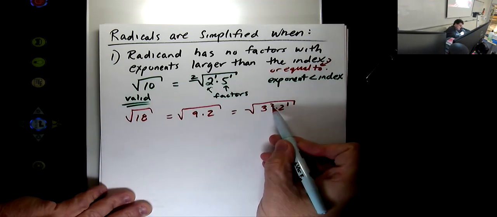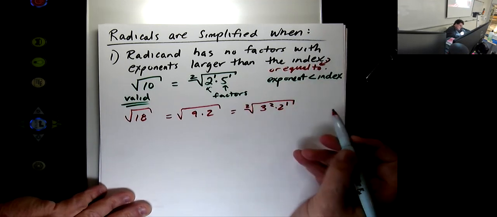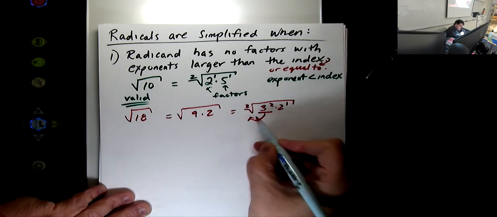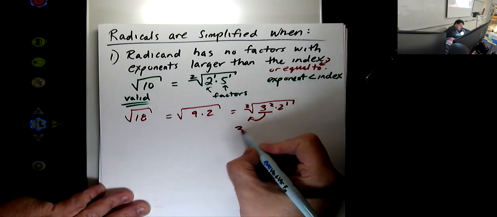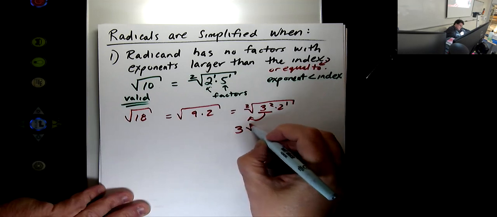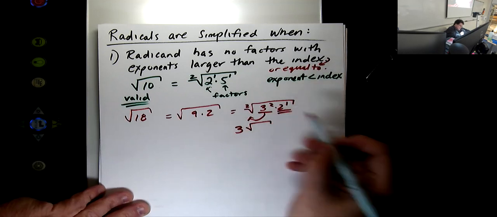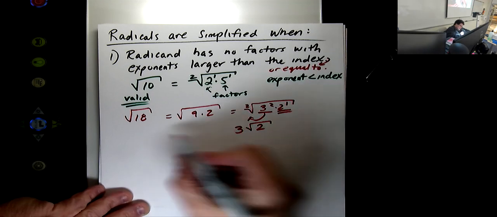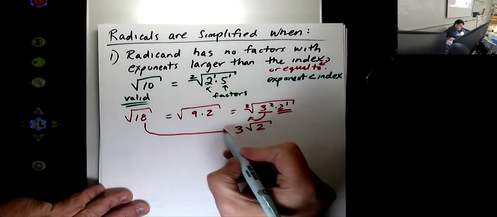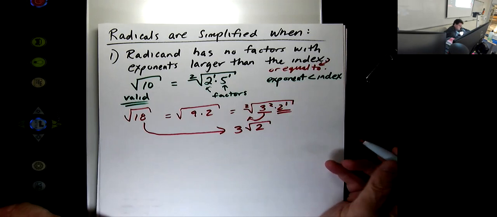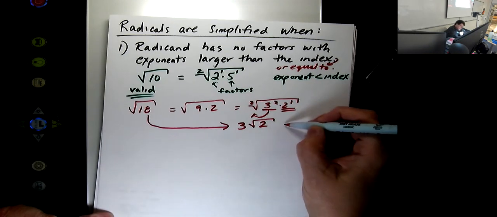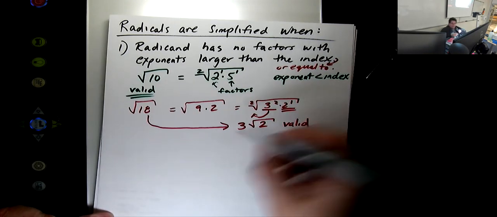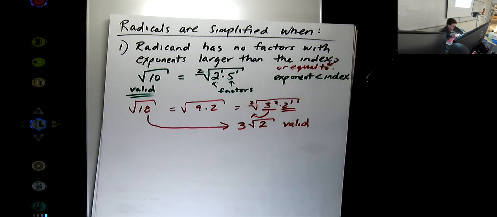Now the 2 on the 3 matches the index, so it needs to come out. The square root of 9 is 3. All that's left inside is the 2 to the first power. So that is the simplified form. This is the valid answer. Square root of 18 is not simplified.